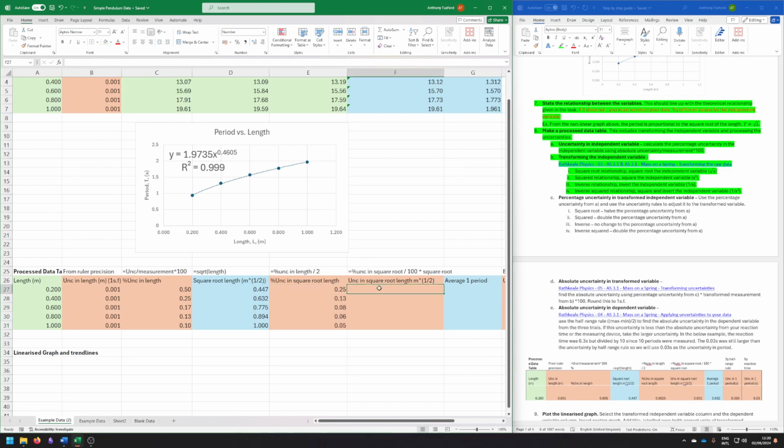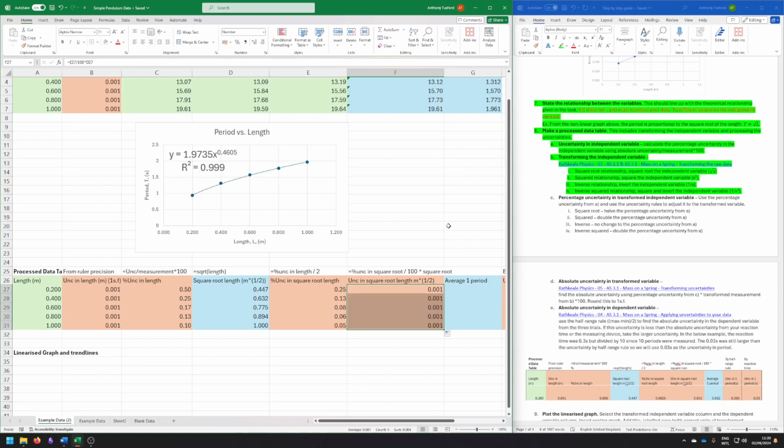And then for the absolute uncertainty, we take the percent uncertainty, divide it by 100 to convert it to a decimal, and then multiply it by the square root length value, like so. Enter, and then again, double click.